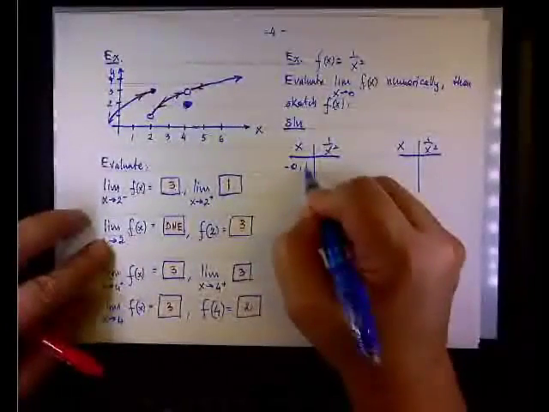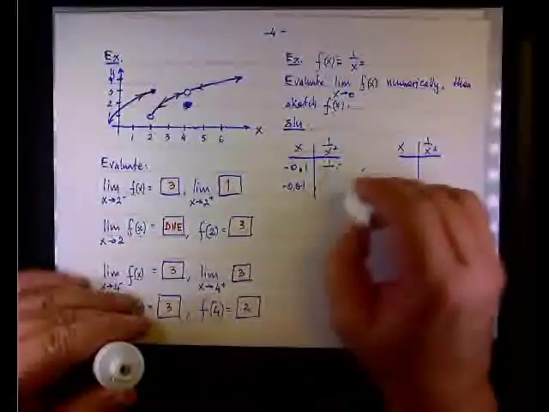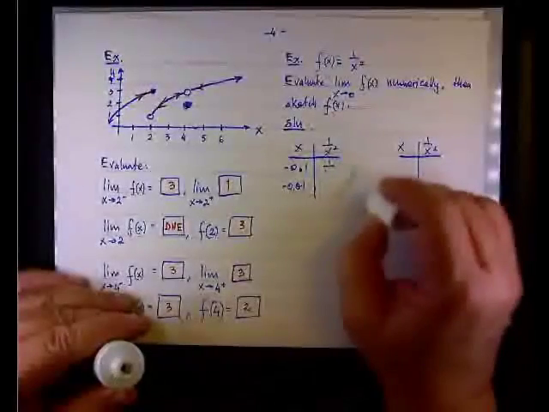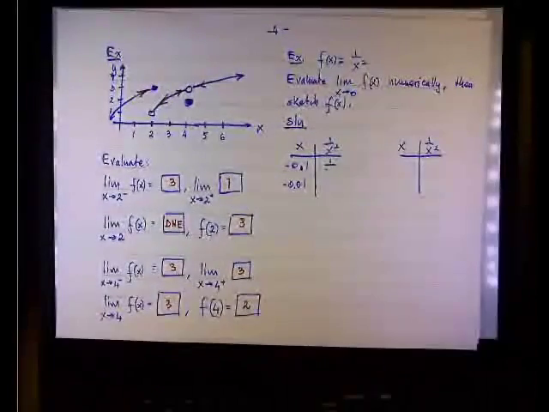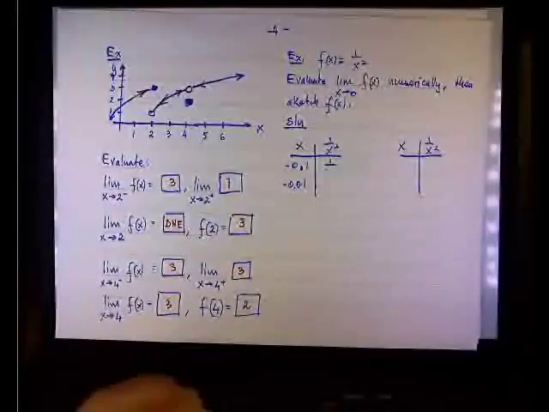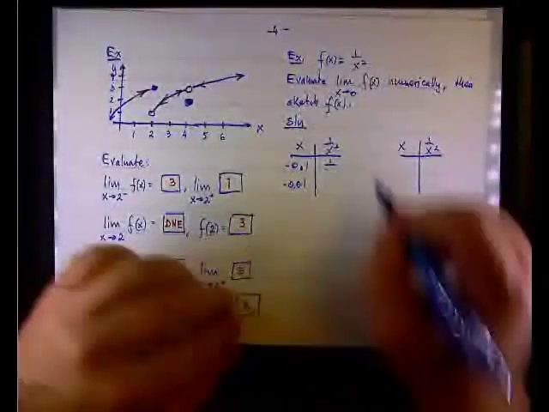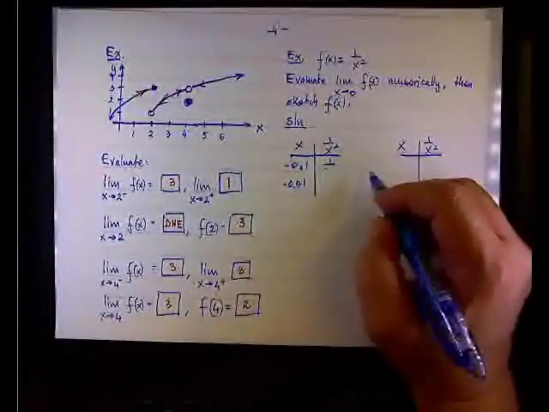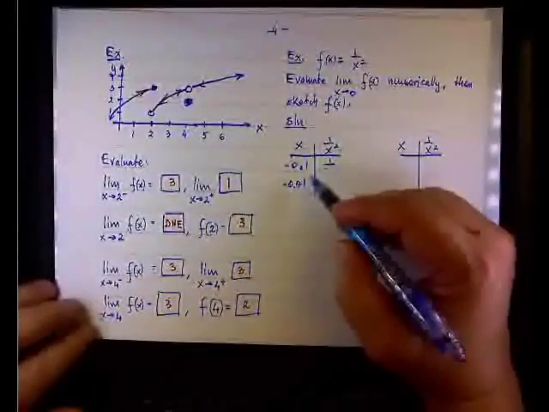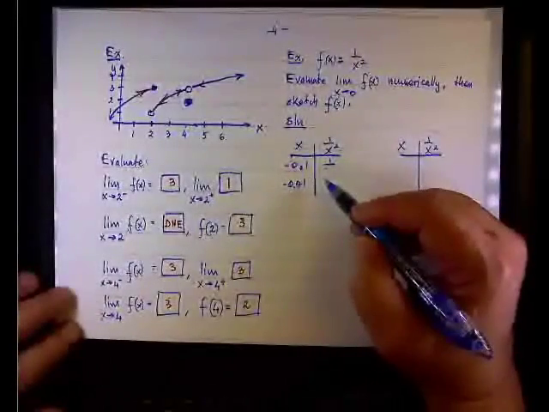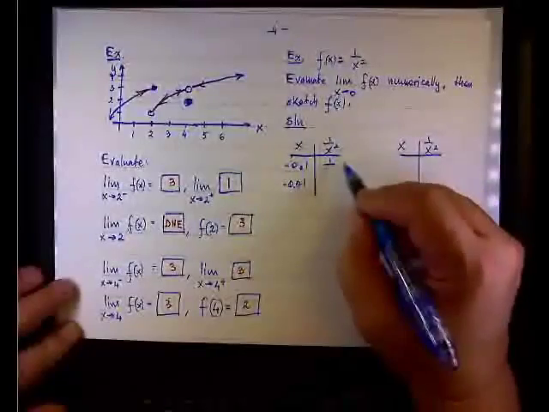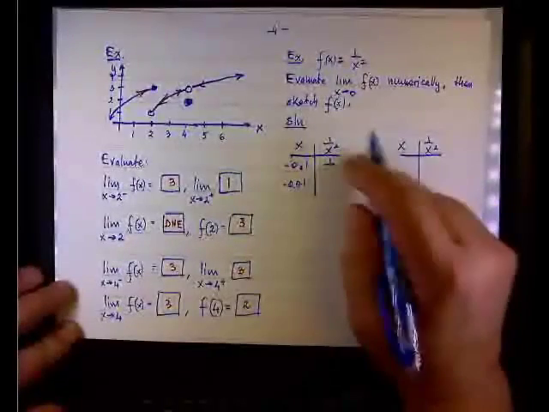Let's start with negative 0.1. So the square of negative 0.1 is positive 0.01, and the reciprocal of it will be 100.